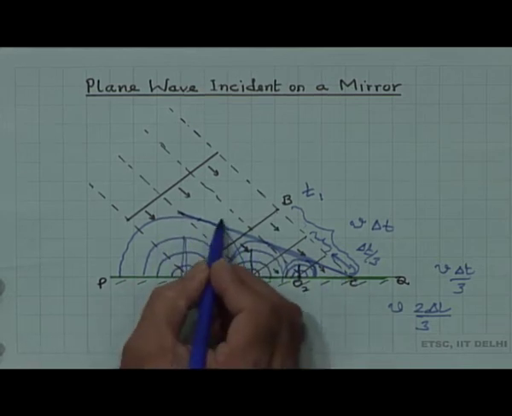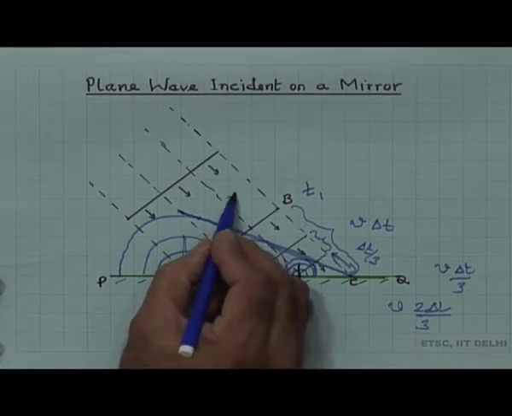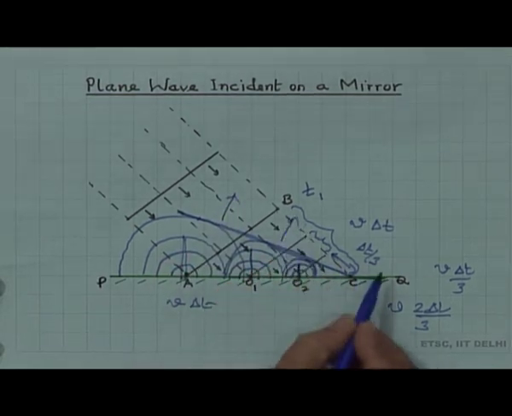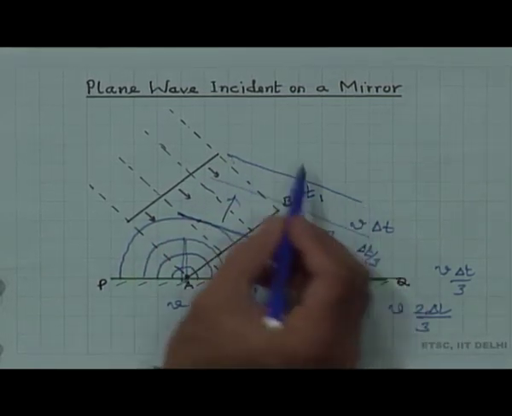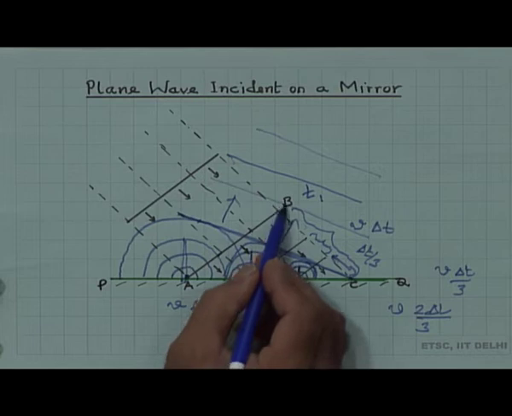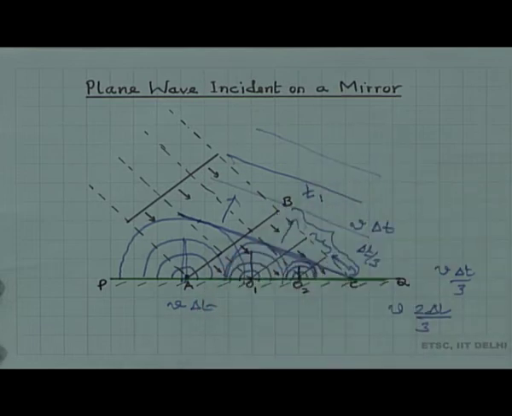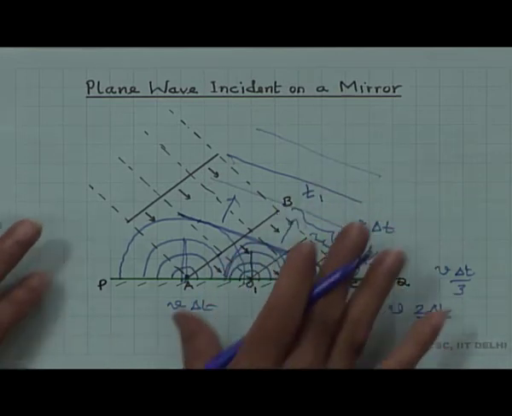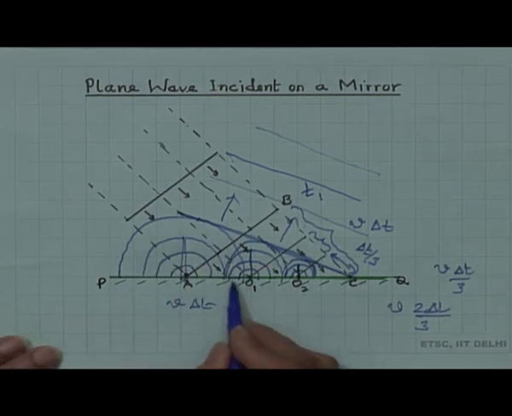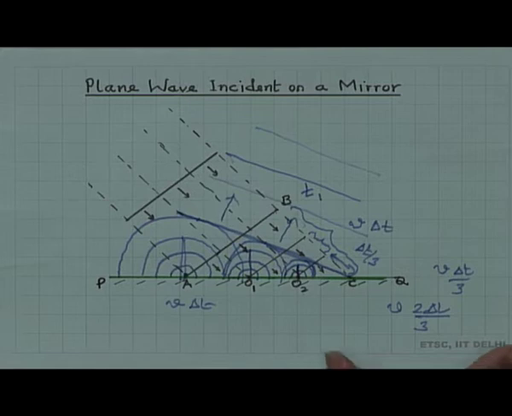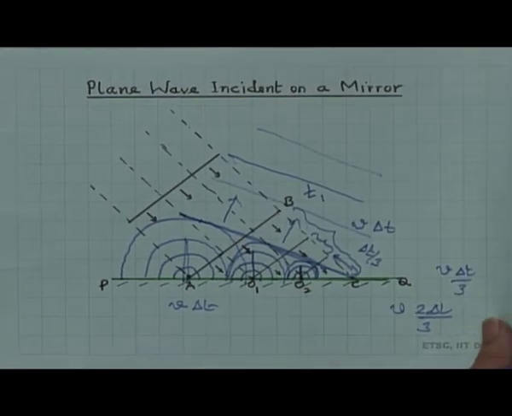Once this is a plane wavefront, we know that it will start propagating in this direction with plane waves like this, which are parallel to this as time progresses. I will show a more clearer diagram here. This is how I have shown you how to draw the plane wavefront on reflection from a mirror.